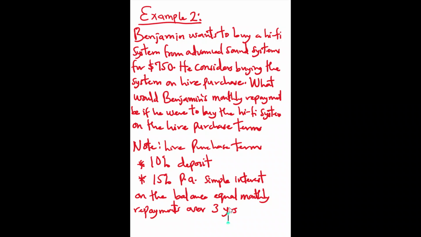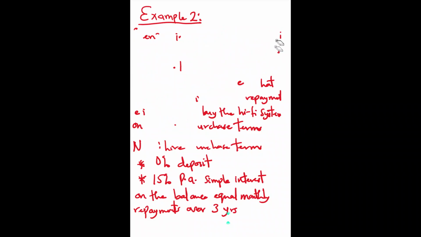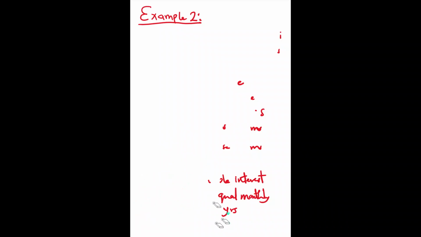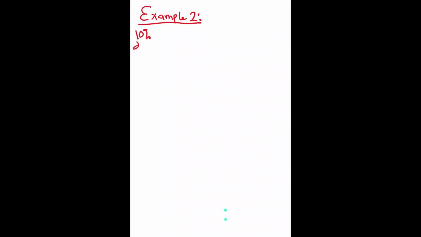So first of all, we'll find the principal, and then we'll calculate the simple interest. When finding the principal, the 10% deposit will be 10 over 100 times $750.